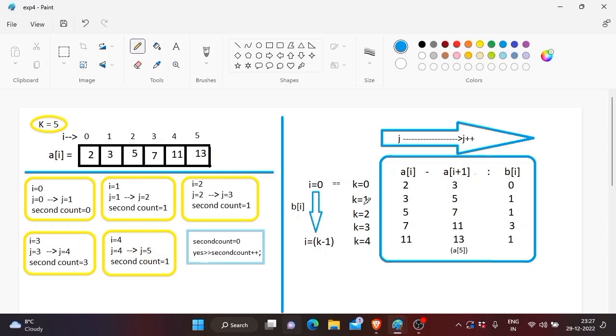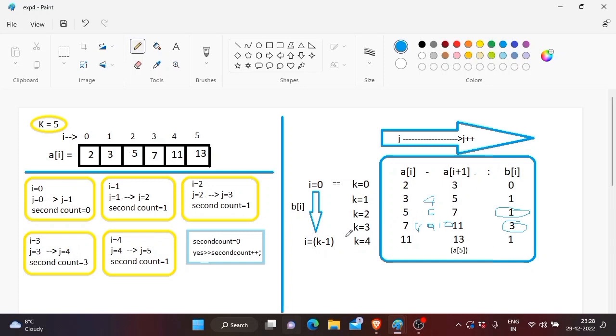At i equal to 1, the second count will be 1 because there is the number 4 between 3 and 5. At i equal to 2, the second count will be 1 as there is the number 6 between 5 and 7. At i equal to 3, the second count would be 3 as there are the numbers 8, 9 and 10. As you can see, with each number, j gets incremented.